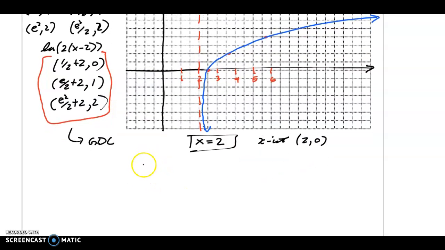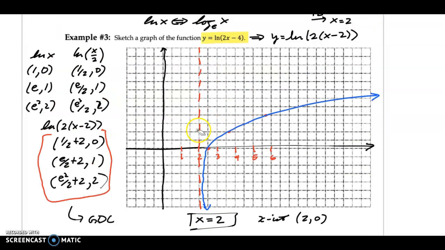But what about my y-intercept? This is y equals ln(2x minus 2). That would mean x has to be 0. Oh no, there is none. Sorry. You can just look at it and see there's no y-intercept.